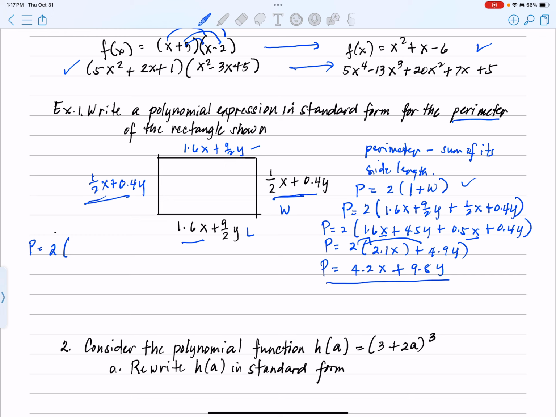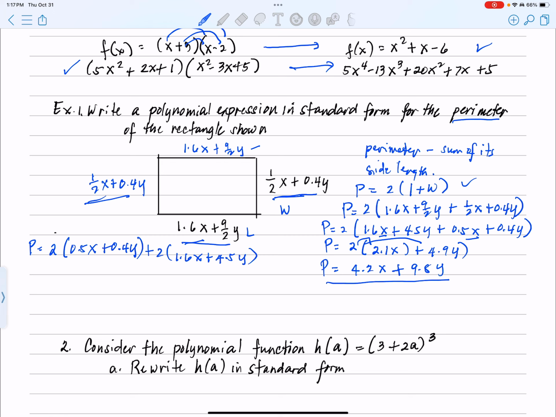So 2 of that, you will say 1/2 is 0.5x plus 0.4y. And then I have 2 of this, so you're going to add 2 times 1.6x plus 4.5y. You can do that. Okay?